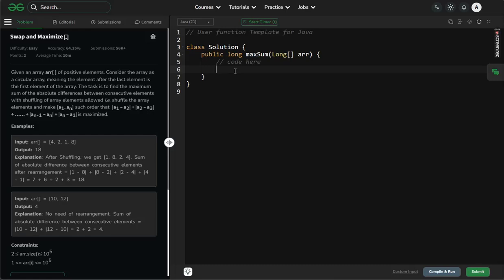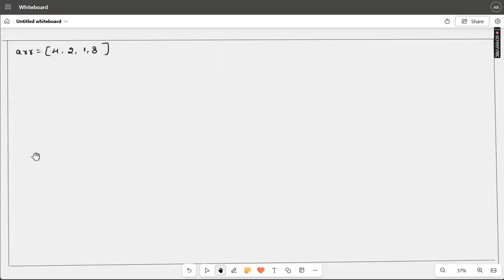So this is the array given. Our first step, let's discuss.